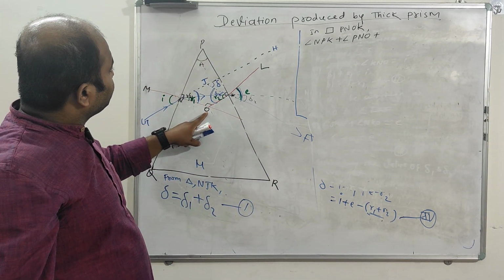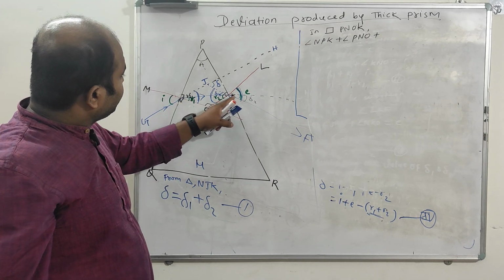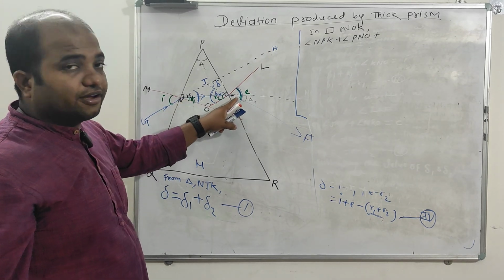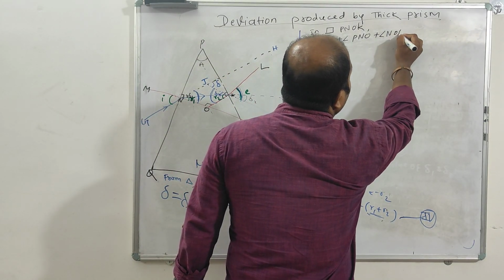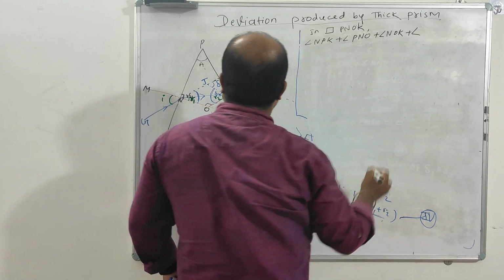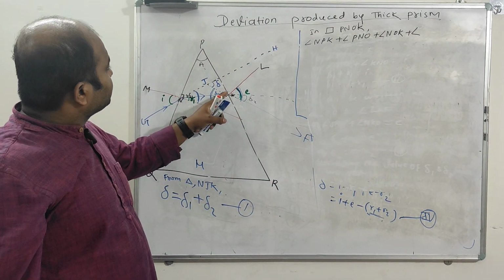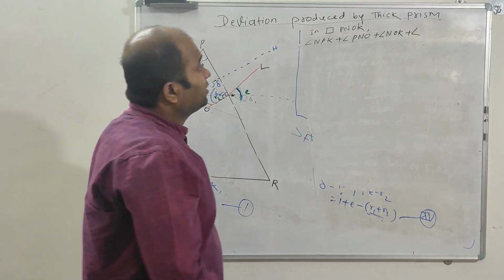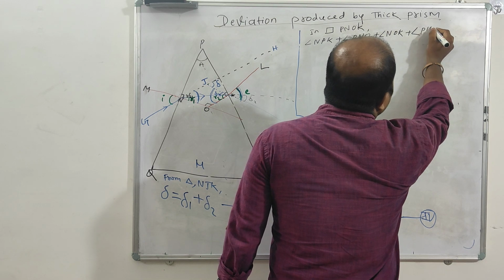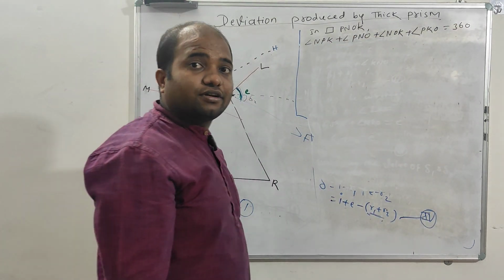Then what can I write? Angle NOK plus angle NOK. Yeah, done. Now this I have to write, PKO, angle PKO equal to 360 degrees, right?